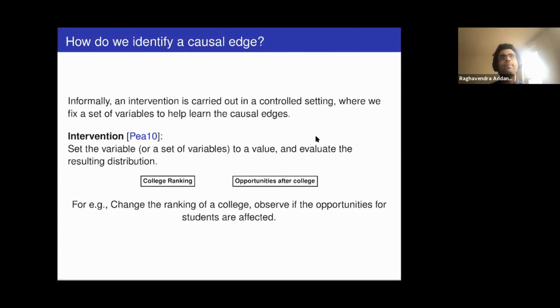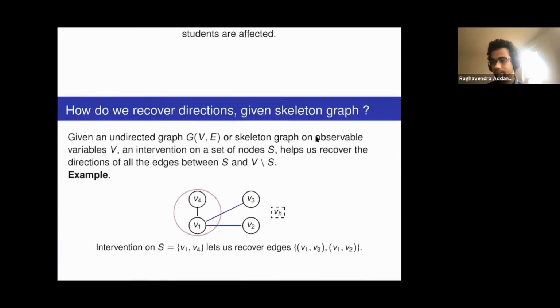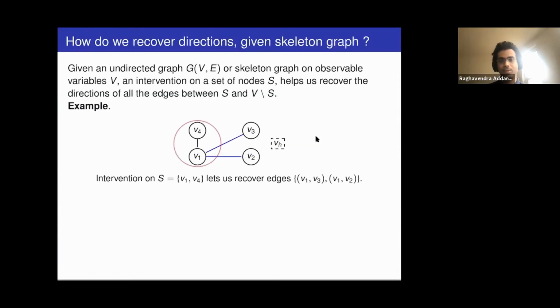Sometimes it happens that we can detect the presence of a causal edge, but not the direction. So this is not a general setting, but this is a restricted setting where we know that there is an edge between two nodes, but we don't know the direction. Such a graph, which is undirected, is called a skeleton graph. The skeleton graph is defined on observable variables.